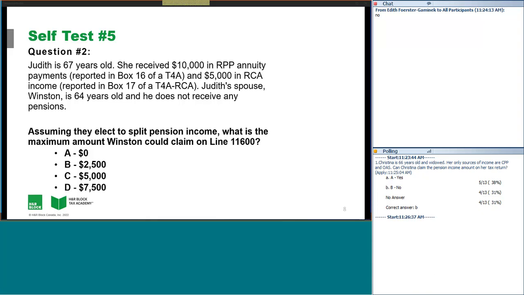So remember, you're limited to 50% of what is splittable. Okay, let's see how we did. Fewer people tried that one. Remember, you should be doing the self-test in advance, so you don't need to think when you get to this part. You're just going to pop your answer in.